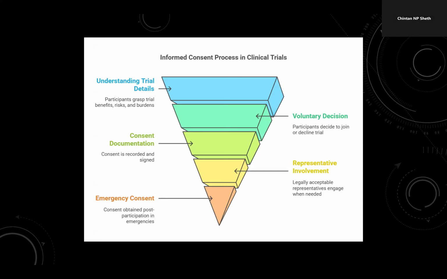For potential participants who are unable to participate in the trial, their legally acceptable representatives acting in the participants' best interest should provide the consent prior to the clinical participation. Those potential participants should be informed about the trial in a manner that facilitates their understanding.